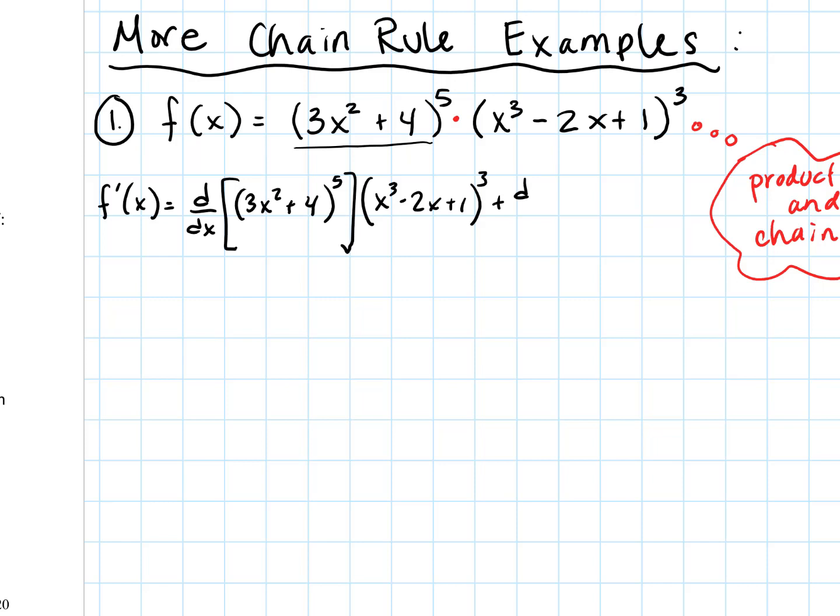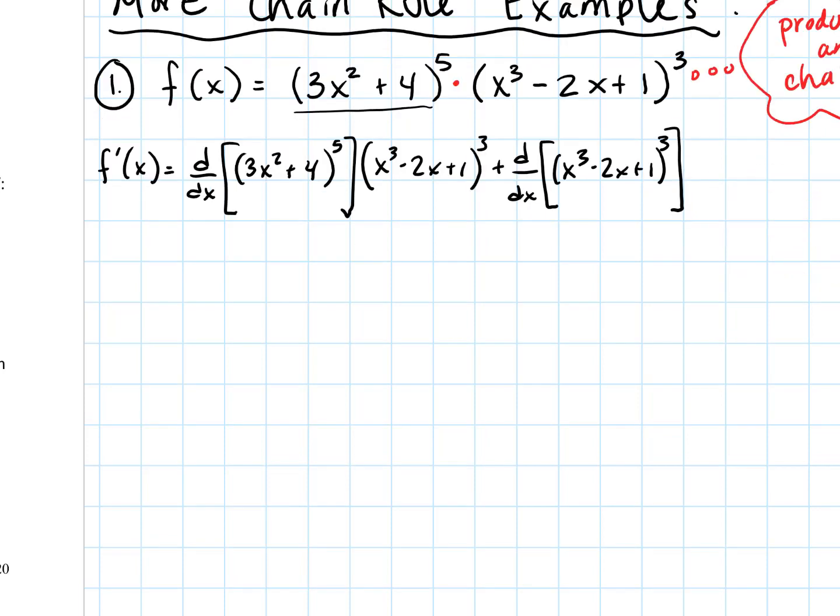Then I'm going to have to take the derivative of the second function, x cubed minus 2x plus 1 to the third. And it looks like I did not move my thought bubble. Derivative of the second function times the first function, 3x squared plus 4 to the fifth.